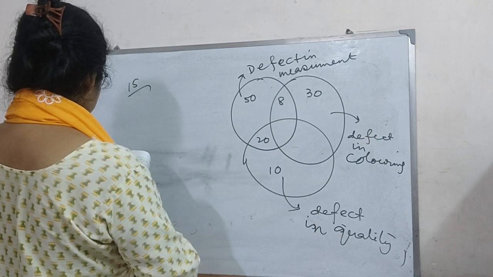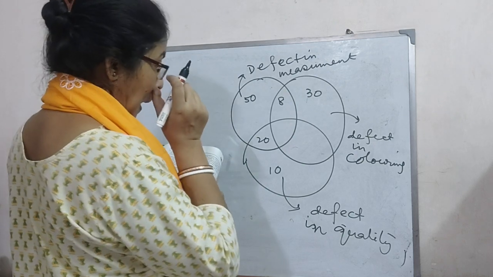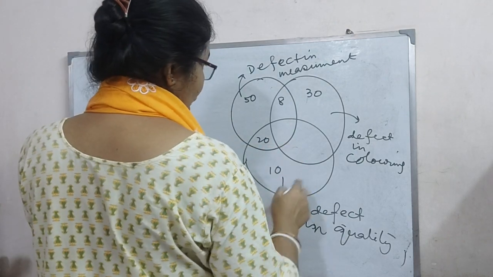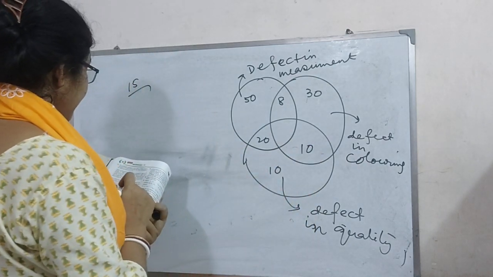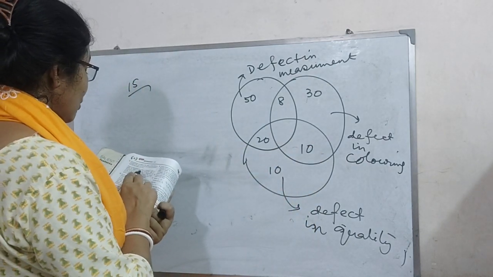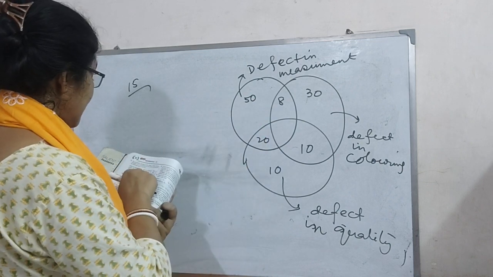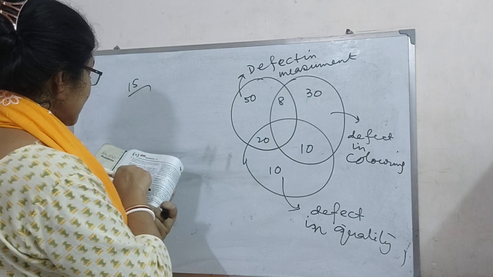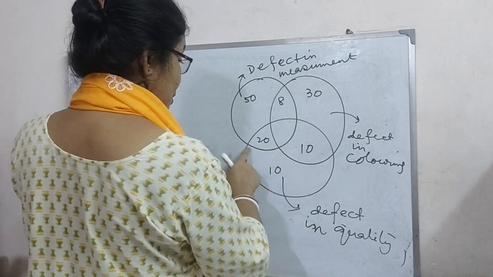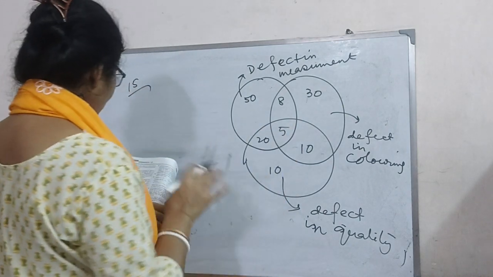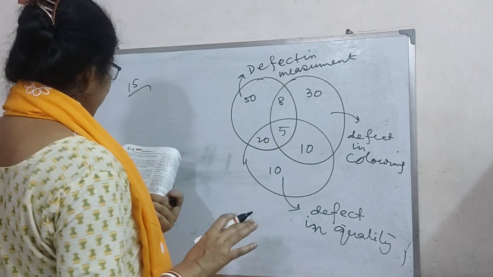Defect in quality and coloring 10, measuring and coloring 8, and defect in measurement and quality 20, and this is 5 for all. The manager was penalized for the report.